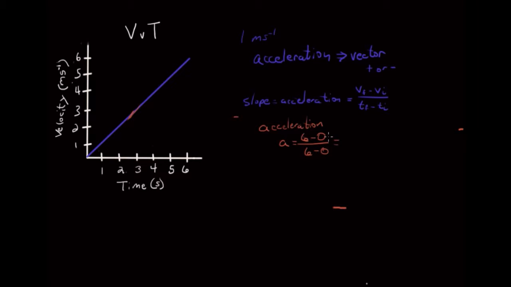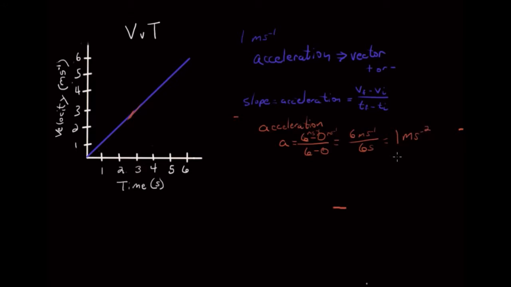And so we get, this is velocity. So this is meters per second. So we get 6 meters per second over 6 seconds. So what this is going to equal is 1 meter per second squared.